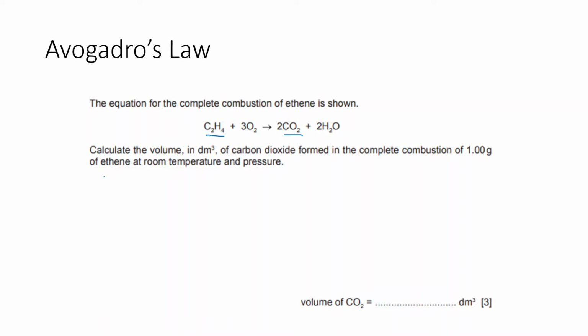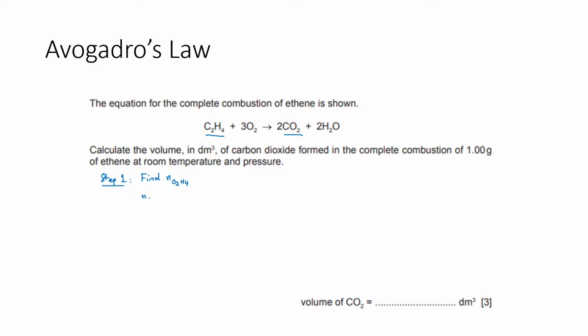So for this question, we have step number 1. Using the data given, we will find the moles of ethene. We have the mass of ethene, so we can find the moles of ethene.